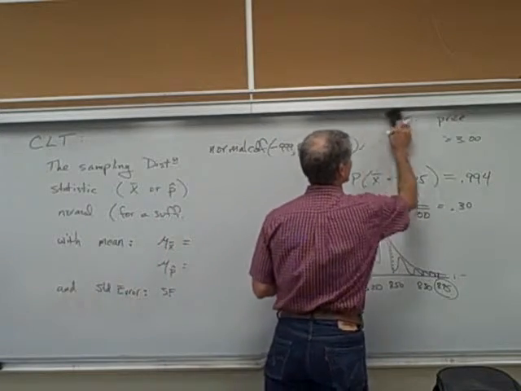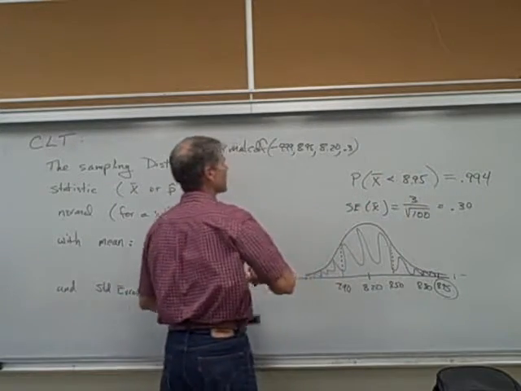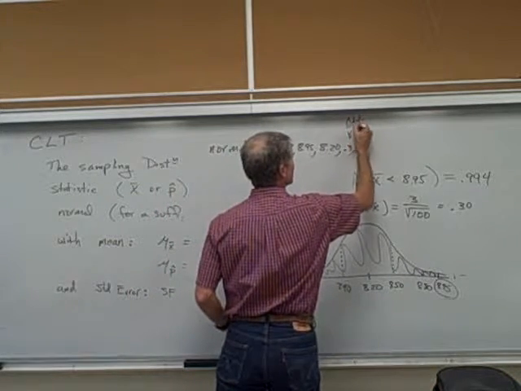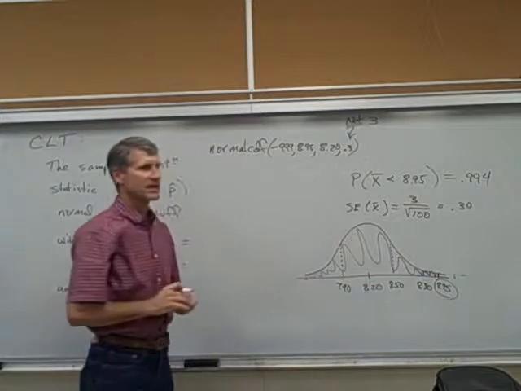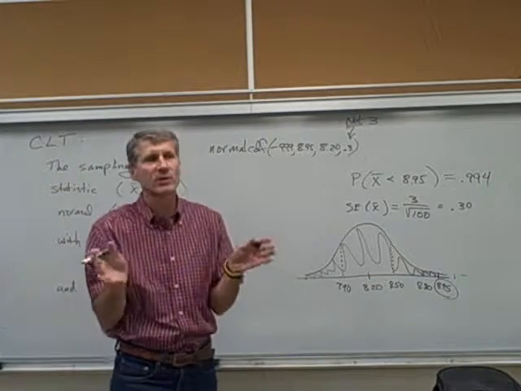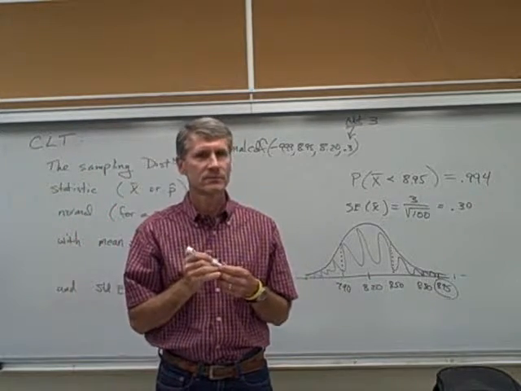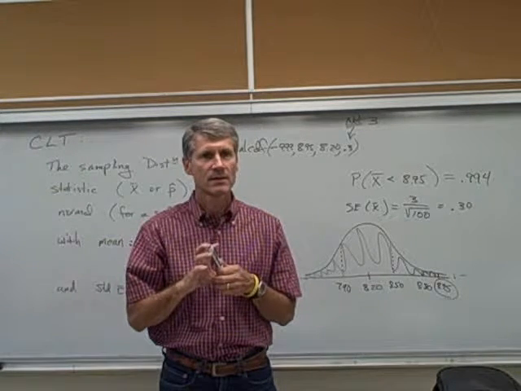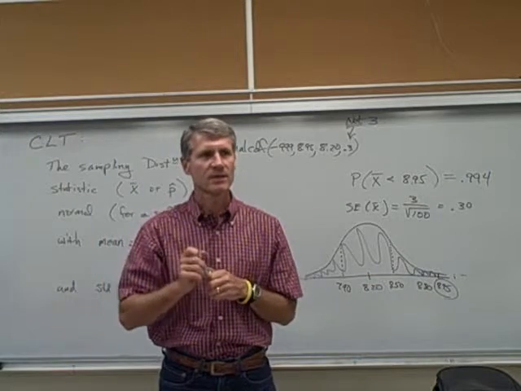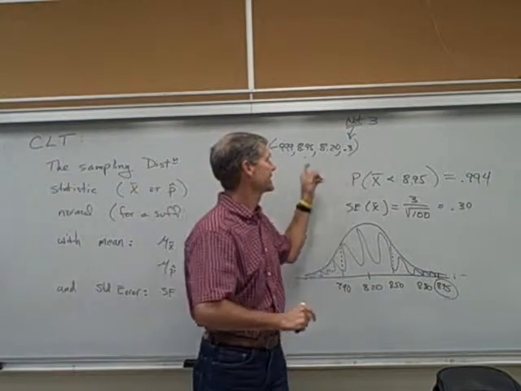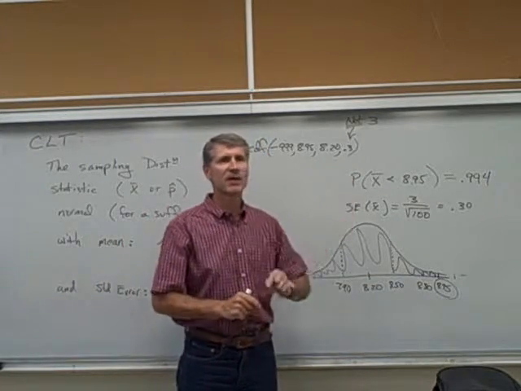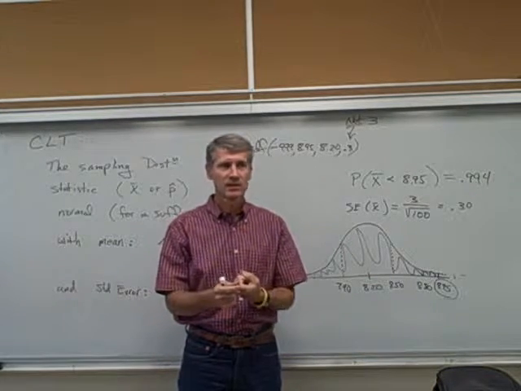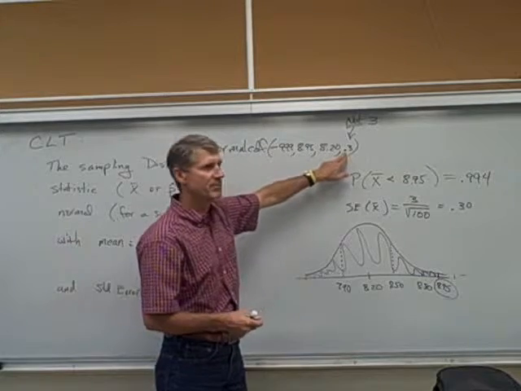Most common mistake is to put 3 in there. If you do put 3, what are you computing the probability of? Each person. You're computing the probability that the next person that walks in, you make a profit on that person. In other words, you've done a sample of size 1. But 0.3 is a sample of size 100.